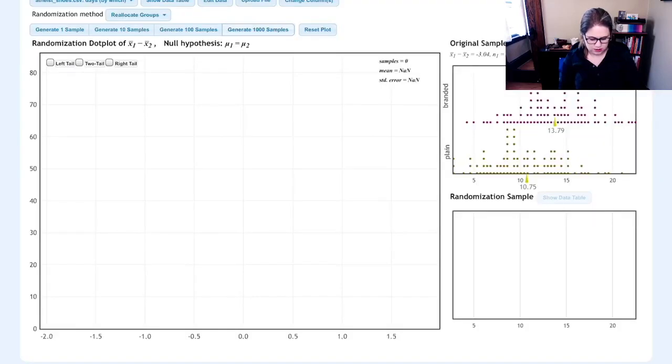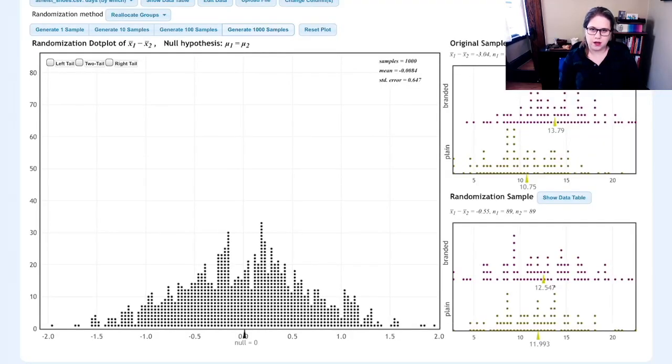All right, let's generate 1,000 samples. So this was our randomization distribution for the atheist shoes example. And we've looked just visually at this distribution and determined that the observed statistic of, I think it was 3.04, would look very extreme on this distribution.